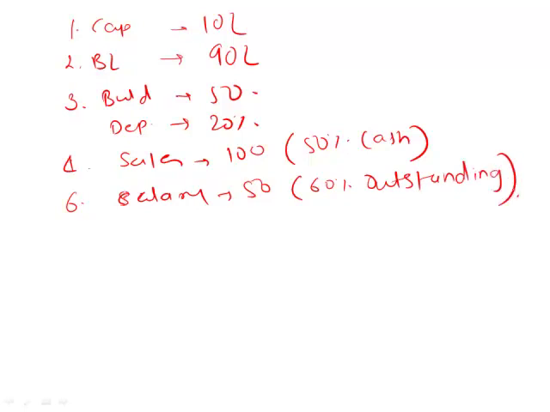Prepare profit and loss account and balance sheet. Again, we can do this orally now. On the left hand side, what will I have? I will have capital 10, bank loan 90. Then I will also have one more liability, which is outstanding salary of employees. Right, so how much would that be? 30. So outstanding salary 30.